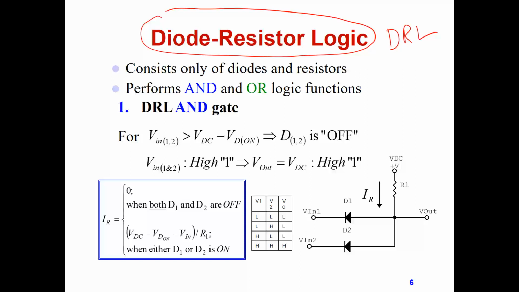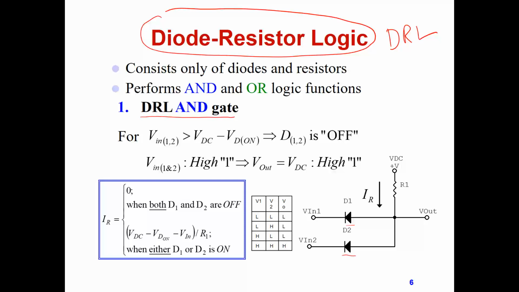DRL. In this diode resistor logic, the main important part of this chapter is that we are trying to construct logic gates. So now we are constructing a logic gate using diodes and resistors. In this case, we are constructing an AND gate using two diodes, diode 1 and diode 2.